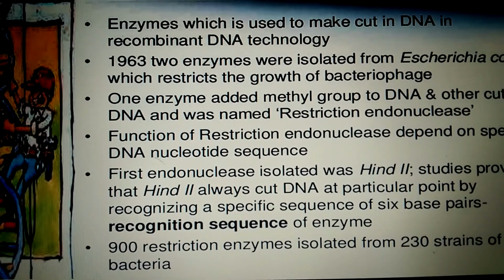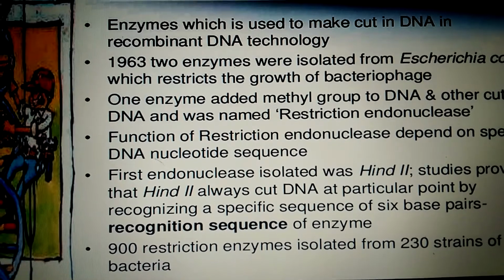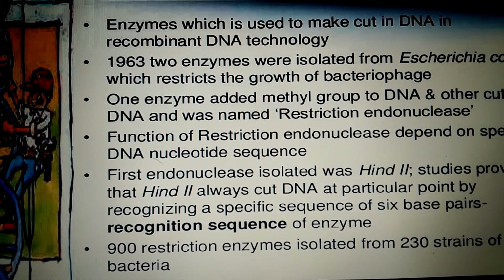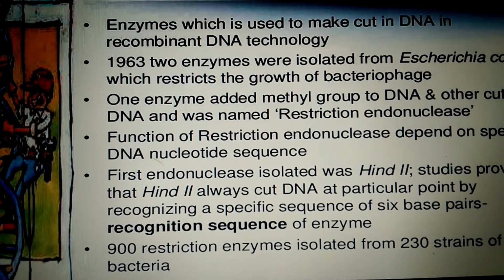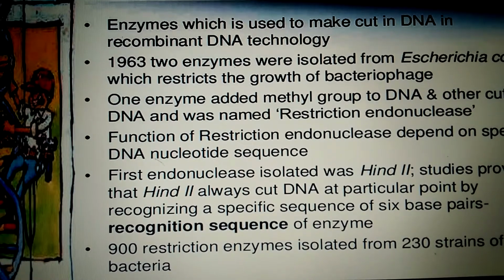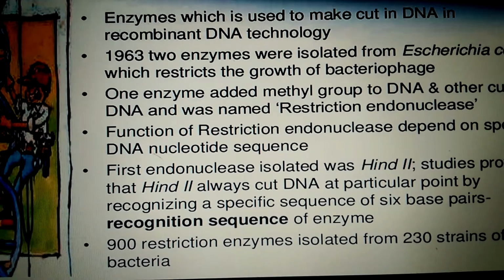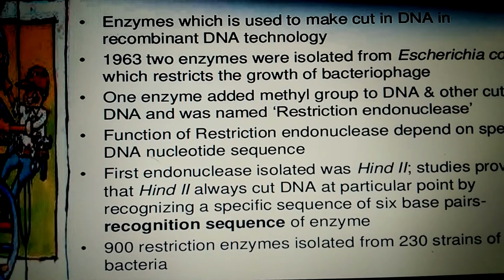If it is cutting from the exterior end, it is called an exonuclease. If it is cutting from the interior ends, it is called an endonuclease, thereby leading to the formation of sticky ends or blunt ends.